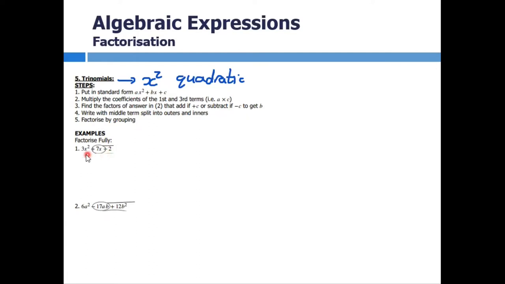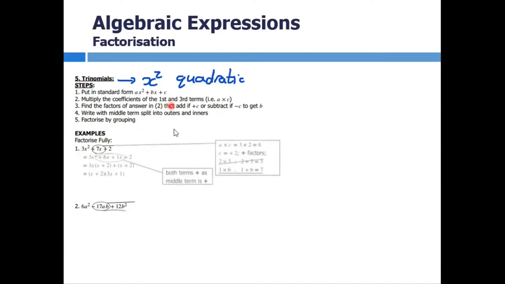So a way to help you is we're going to go the 3 times the 2. That's what they said here. Multiply the first and last terms. So 3 times 2 gives us 6. Then we list all the factors of 6. So it's 1 times 6 or 2 times 3. I need to see which one of those is going to give me a positive 7.